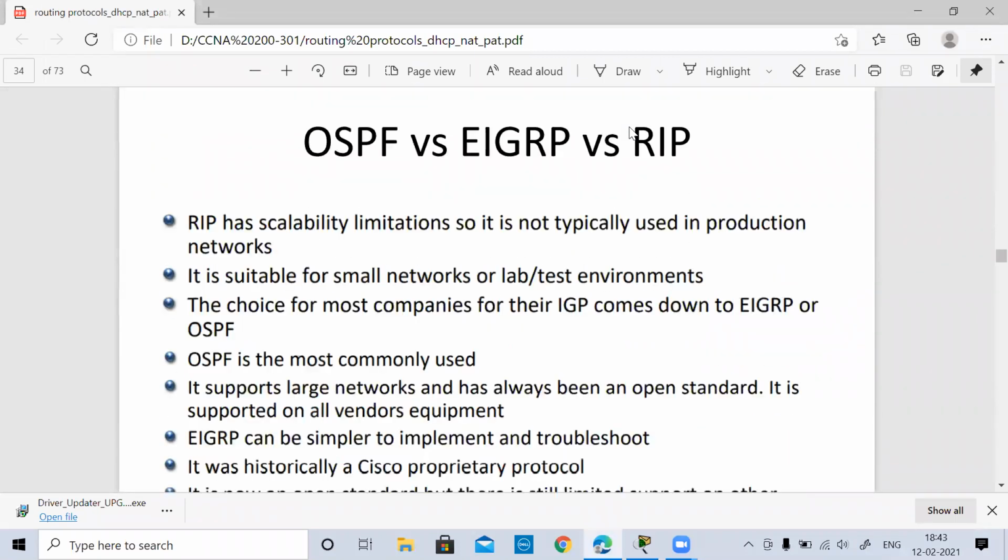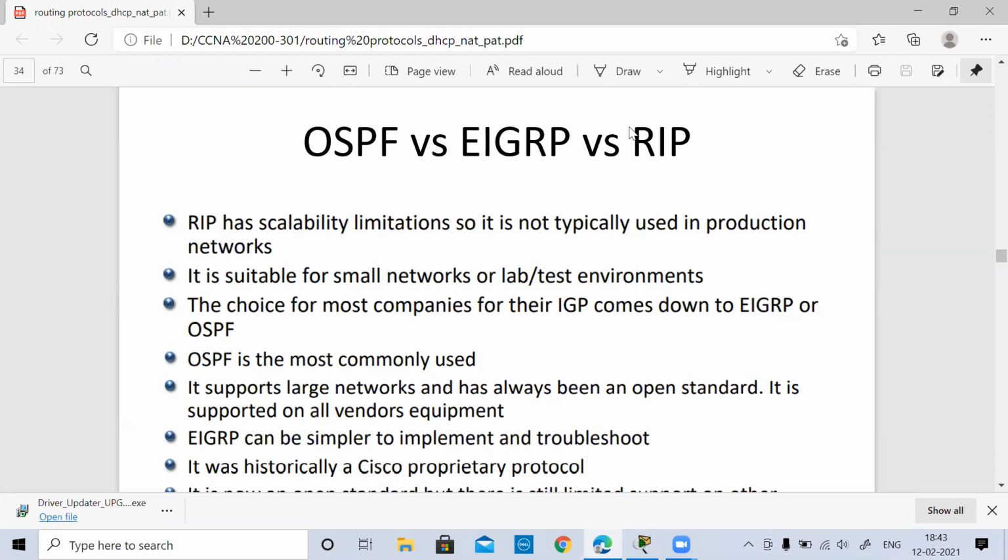If we compare all the three protocols we have learned since yesterday: RIP, we understood, has two versions and specifically uses distance vector. We understood the issues with distance vector, especially related to convergence time. It's very slow, and it has scalability issues. So it's typically not used in your production environment.